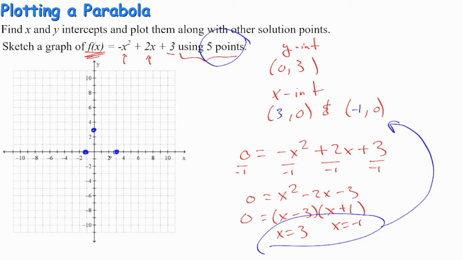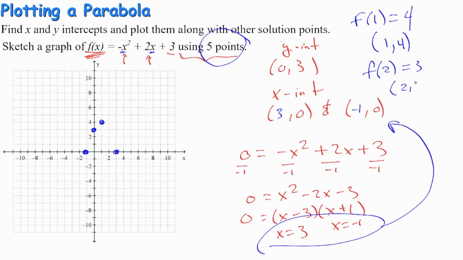So we want to choose 2 more points to satisfy the 5 points to plot this graph. So I'll choose 1 and 2 since they're in between those known points. So f of 1, plug in 1 for everywhere that you see x, and you get -1 plus 2 plus 3, which is 4. So that is the ordered pair 1, 4. And then we can plug in 2. So we'll evaluate f of 2 and get 3.